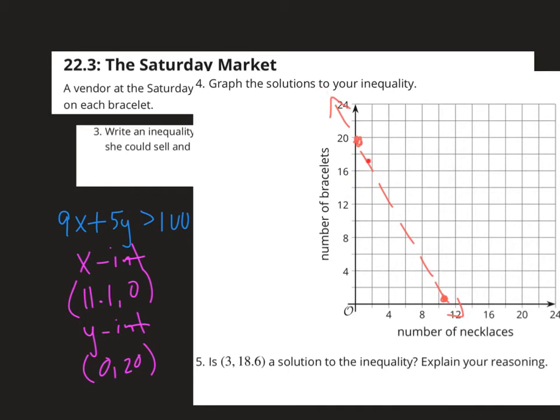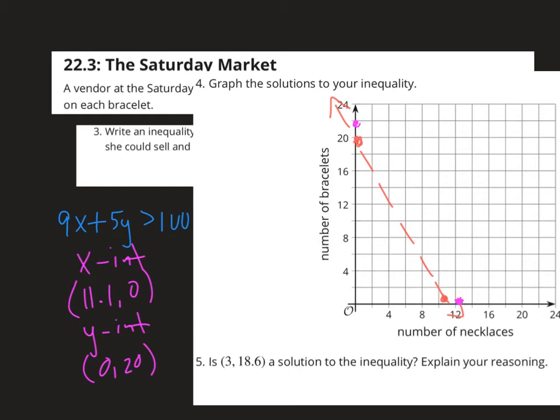I know all of the values on the line will yield me exactly $100, but I want to yield more than $100. So remember we said that 21 bracelets would do the job? Well, 21 bracelets would be up there. And as far as necklaces go, if I sold 12 necklaces, I'd be over $100.